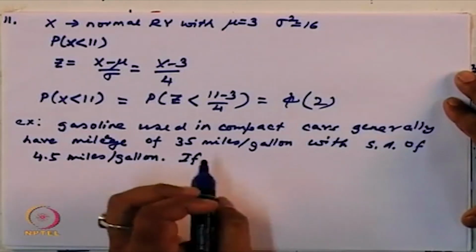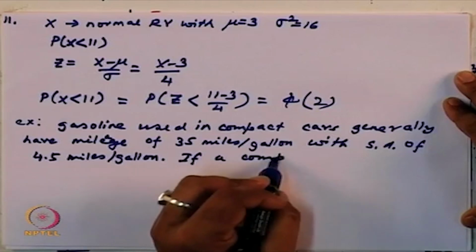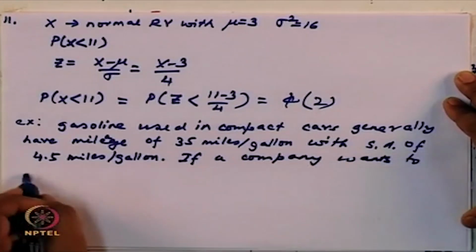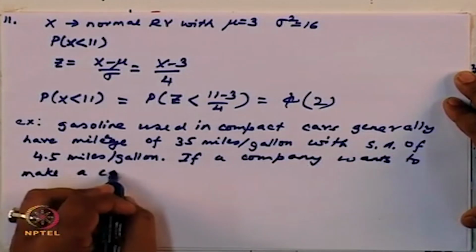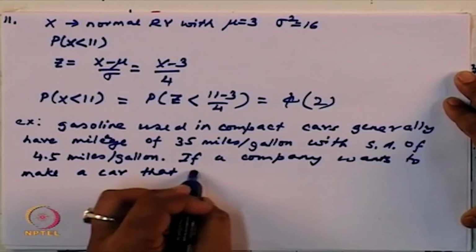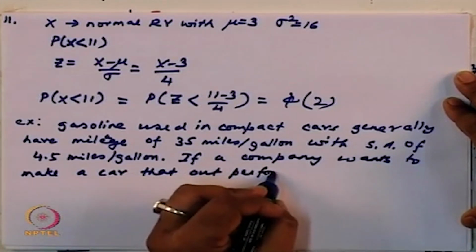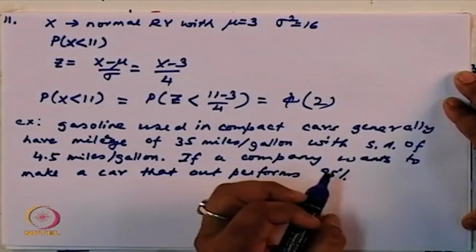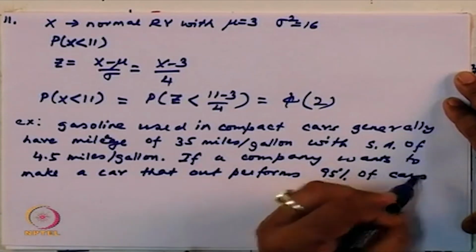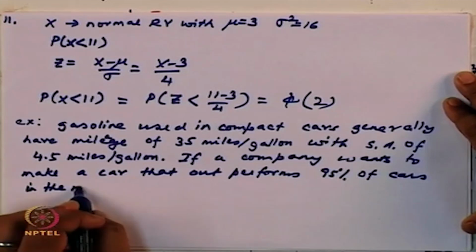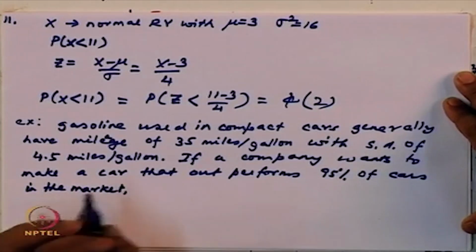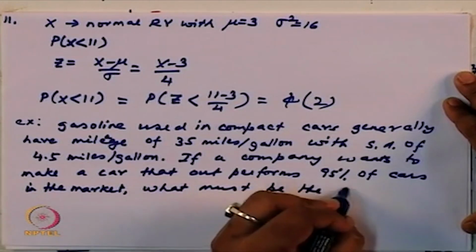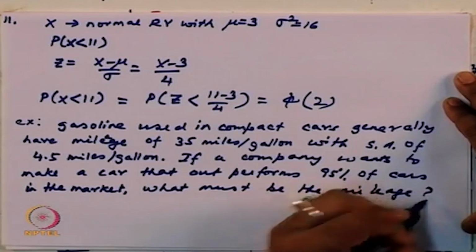So, if a company wants to make a car that outperforms 95% of cars in the market, what must the mileage be?